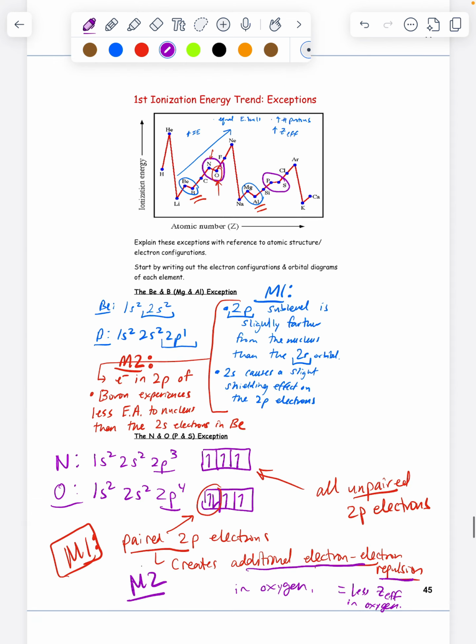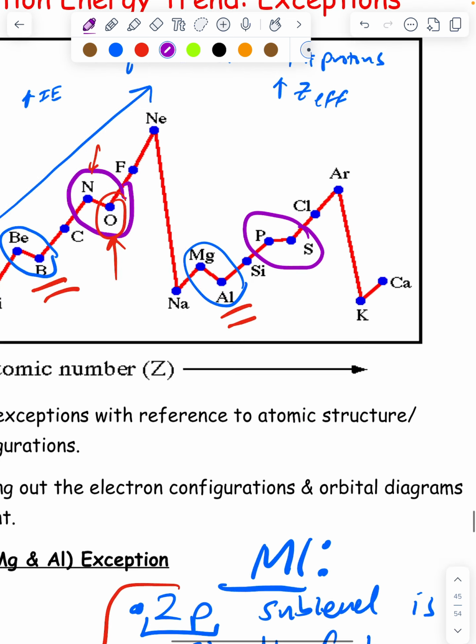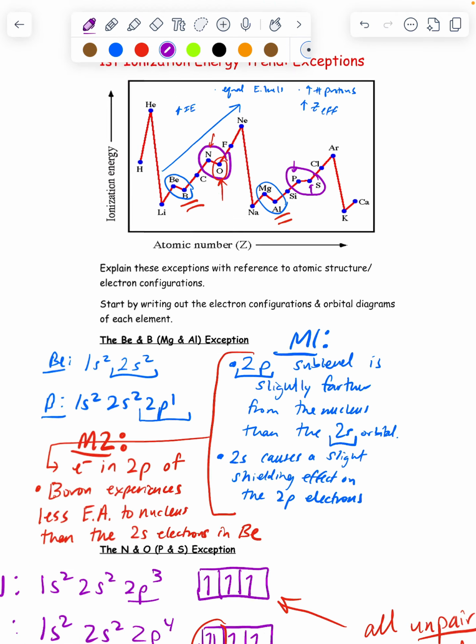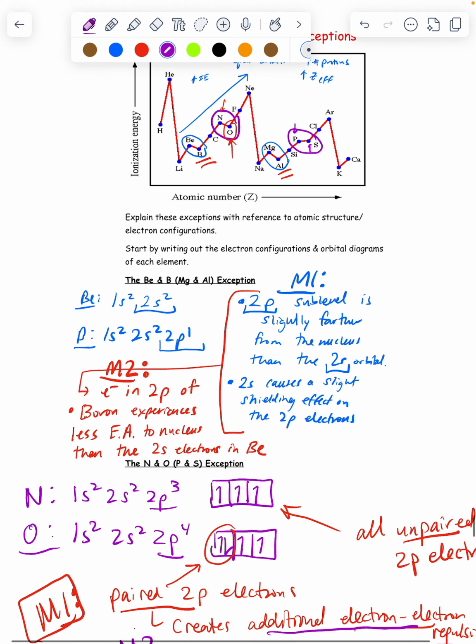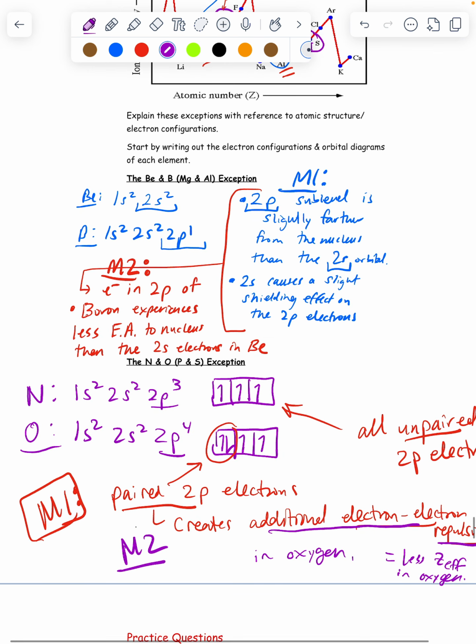So we could also use that same argument if we were talking about sulfur versus phosphorus. Again, it's the addition of that p electron. For the first time, the p electrons are paired, and the pairing of the p electrons creates enough repulsion that it outweighs the additional proton that we're adding to the nucleus.